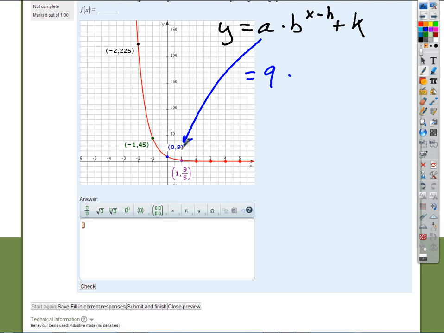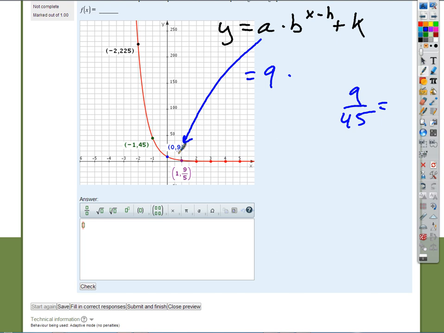So we know it's less than 1, and the easiest way to find out is to take two successive y values and divide them. Either ask yourself the question, this times what is that, or literally just divide them: a y value divided by the previous y value, and simplify. Now, there's another moral to this story: wouldn't it be easier to pick two values that were integers if we could?